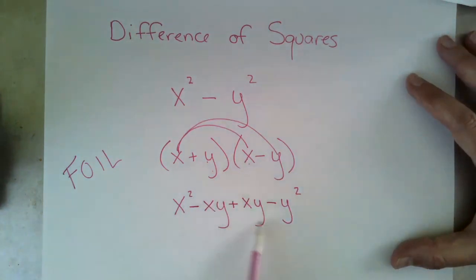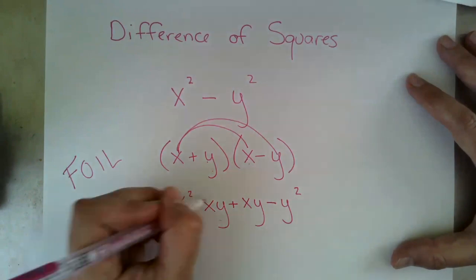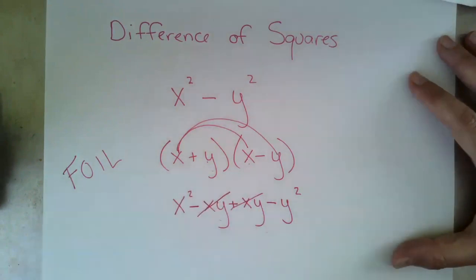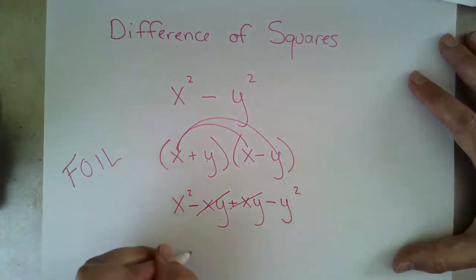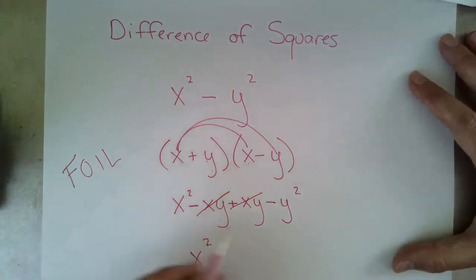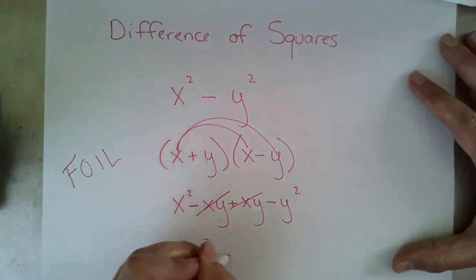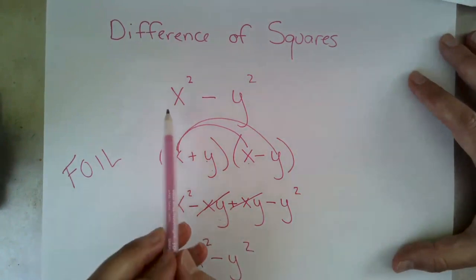So take a look at the middle here. Minus xy plus xy. Those two terms cancel out and become 0, leaving us with x squared minus y squared, and that's where we started.